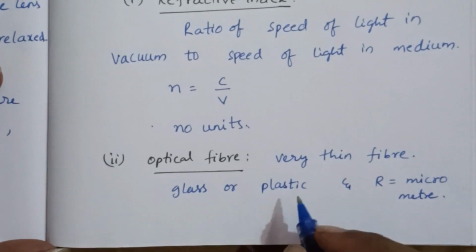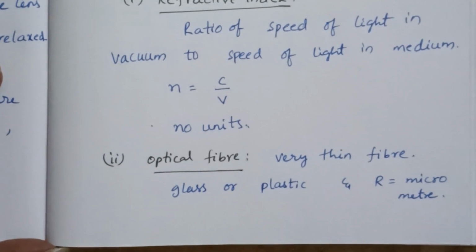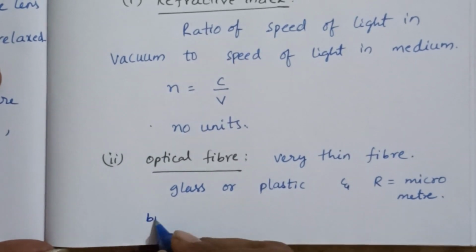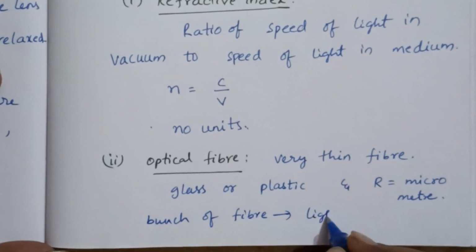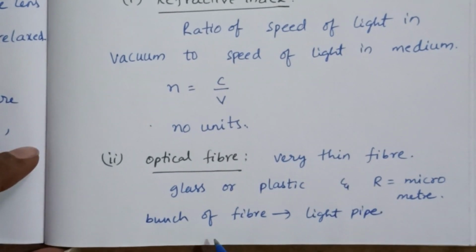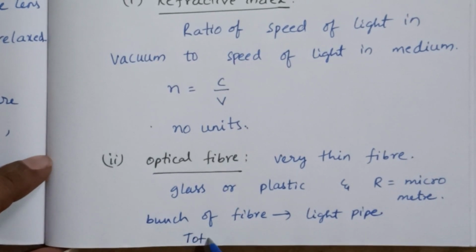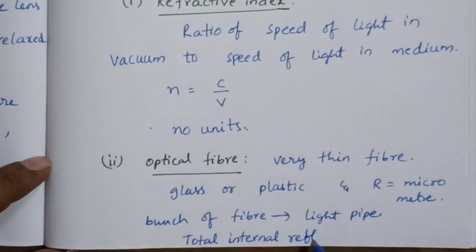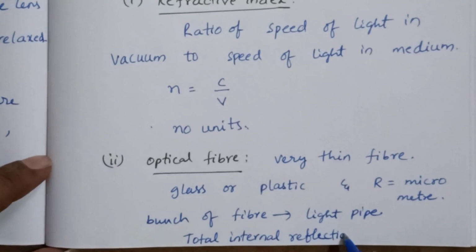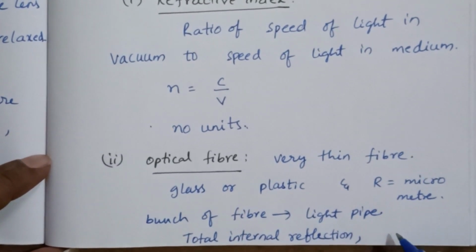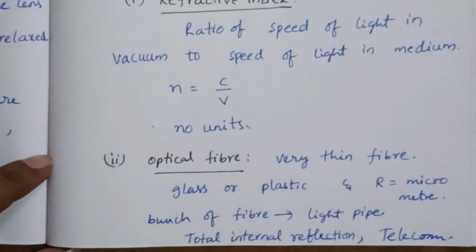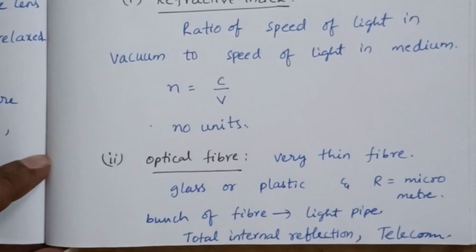A bunch of these fibers forms a light pipe. It works on the principle of total internal reflection, and it is used in telecommunication signals.